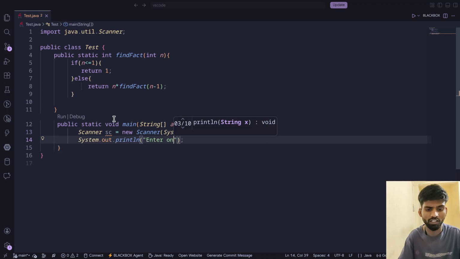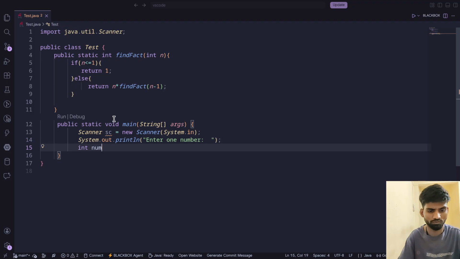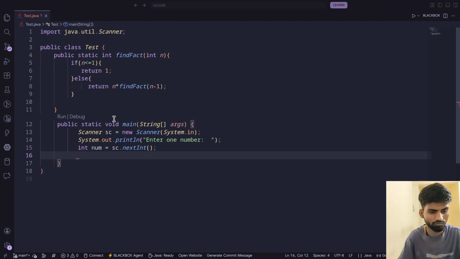Enter one number. Factorial. What is this?